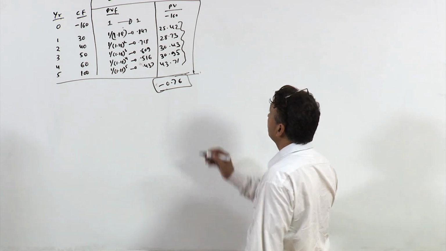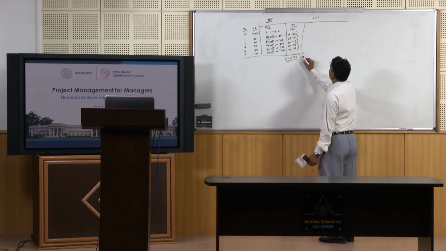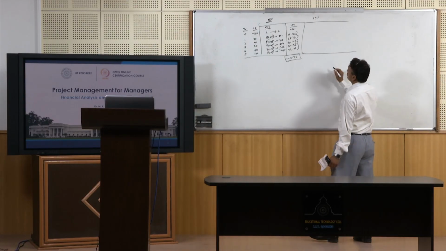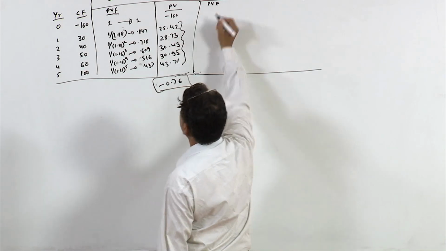So how would you do that? So for 17%, let me extend this table. So first of all, present value factor, right?